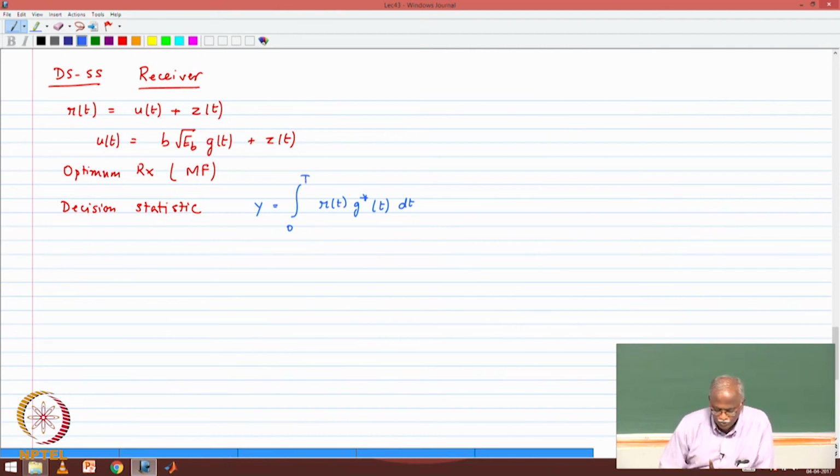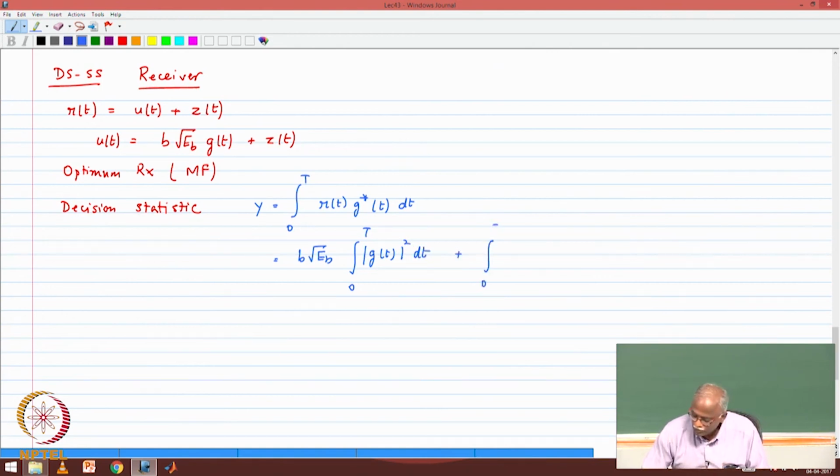Now go back and substitute. This will come out to be b times root EB, integral 0 to T of the magnitude of g(t) squared dt, plus the integral from 0 to T of z(t) g*(t) dt.